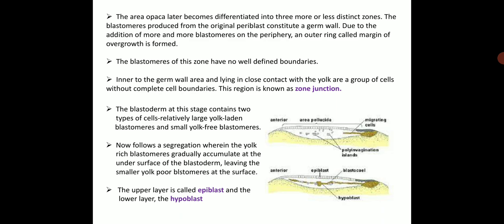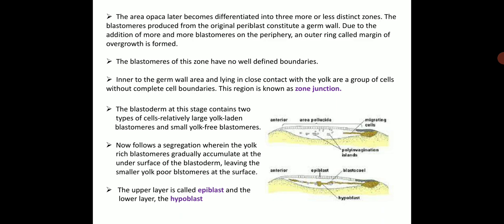Inner to the germ wall area and lying in close contact with the yolk is a group of cells without complete cell boundaries. This region we call the zone of junction. The blastoderm at this stage contains 2 types of cells, relatively large yolk-laden blastomeres and small yolk-free blastomeres.